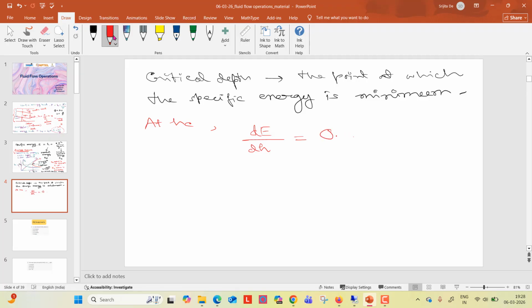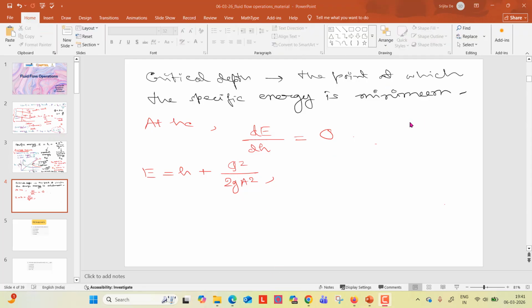Now I can differentiate it. What is the expression of E? So E is H plus Q square by 2G A square. Now if we differentiate this, what will come? So dE by dH, we are differentiating it, okay? First term will be 1 plus Q square by 2G will be constant.